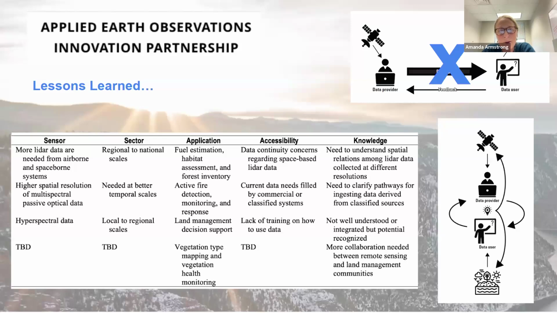This bottom graphic to the right shows the equalization of that information flow, making sure that we are contacting and engaging at all parts of the process when we are producing new resources that can be used, and also new sensors that can gather this type of data.